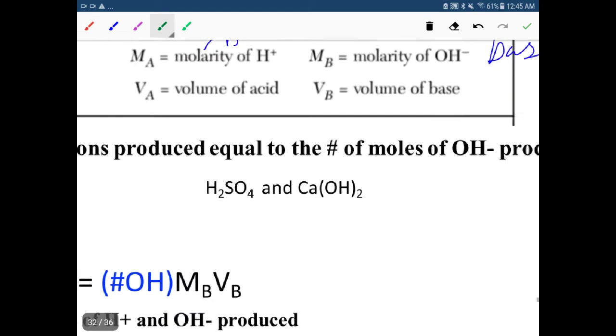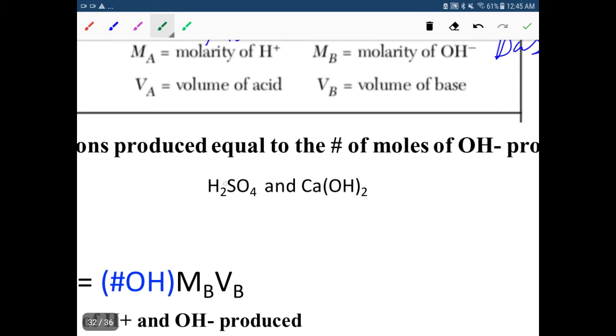So if you have H2SO4, a strong acid, added to a solution, 1 mole of H2SO4 will produce, see this 2 here? This tells you 2 moles of H+ will be produced, along with 1 mole of SO4 2-.